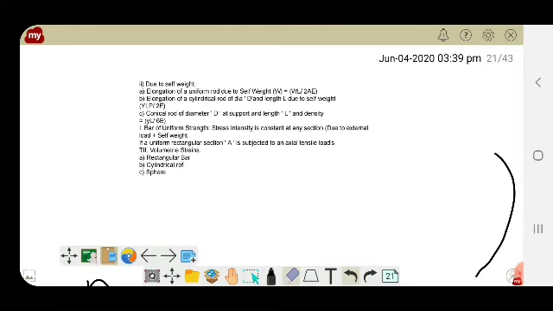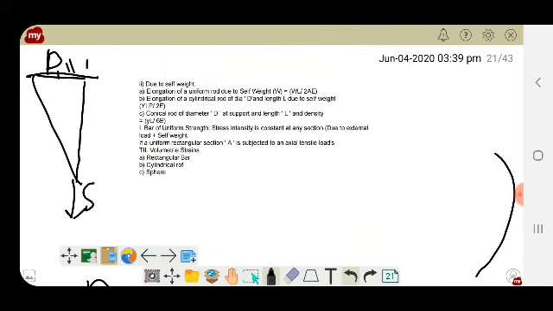Conical rod is similar. Suppose we have a conical rod with diameter D at the support, and some elongation due to self weight.